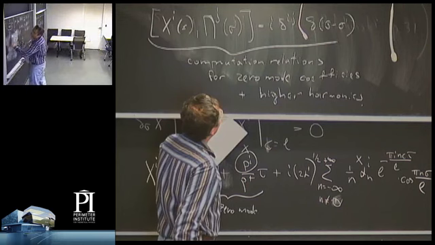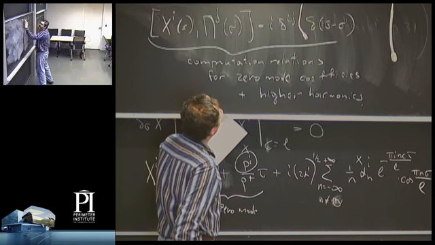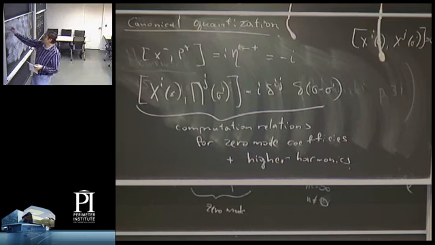I'm not going to do it on the blackboard because first I will get lost in various numbers, but I'll just illustrate it for the center of mass, so that we get the right commutation relation for the center of mass position. So let's look at this. This combination gives a commutation relation for the zero mode coefficients.